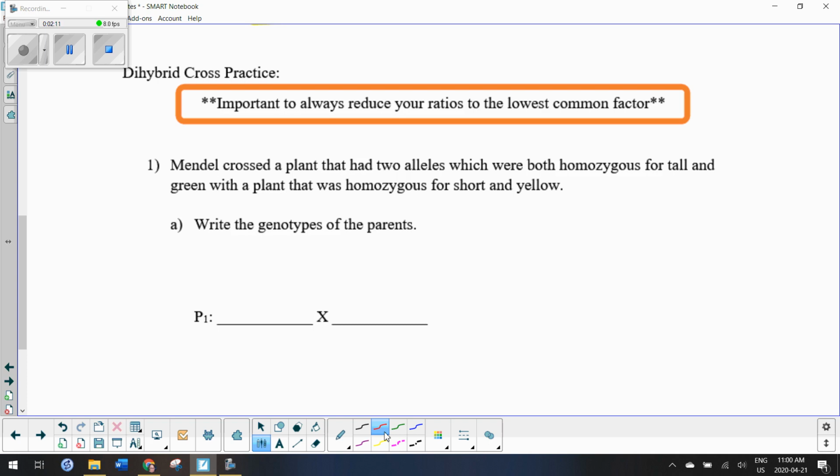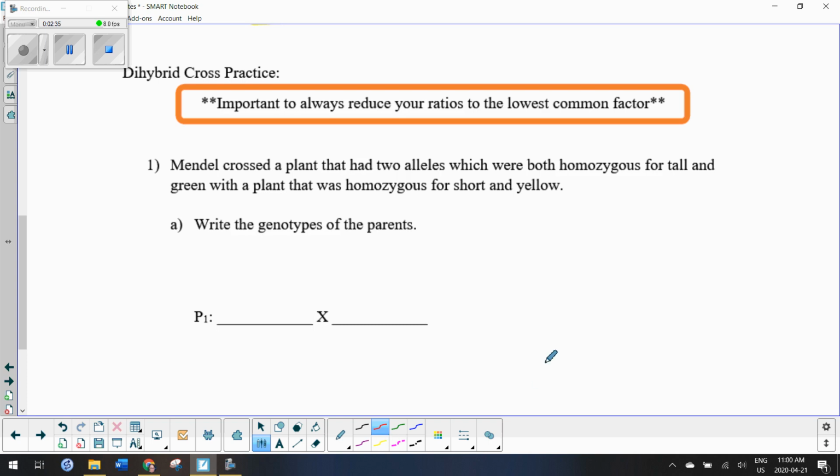So homozygous tall, big, big, and homozygous green, big, big, with a plant that is homozygous for short and yellow. Basically, you have a purebred dominant for two alleles crossed with a purebred recessive for two alleles.